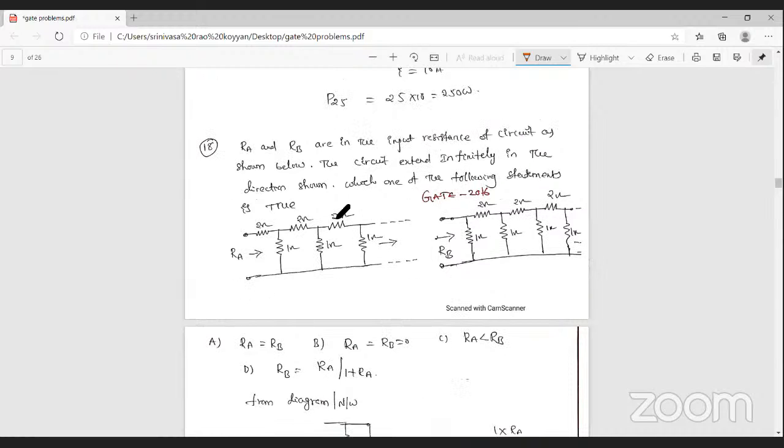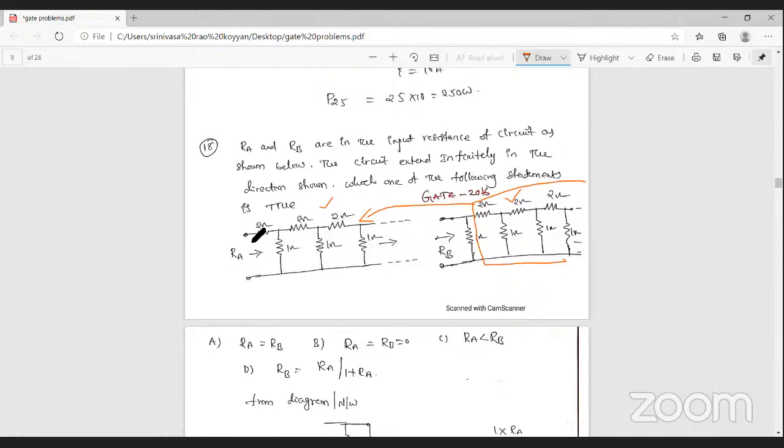You can observe from this network and this network. In the second network, you can observe 2 ohm resistance and 1 ohm resistance, again 2 ohm, again 1 ohm.